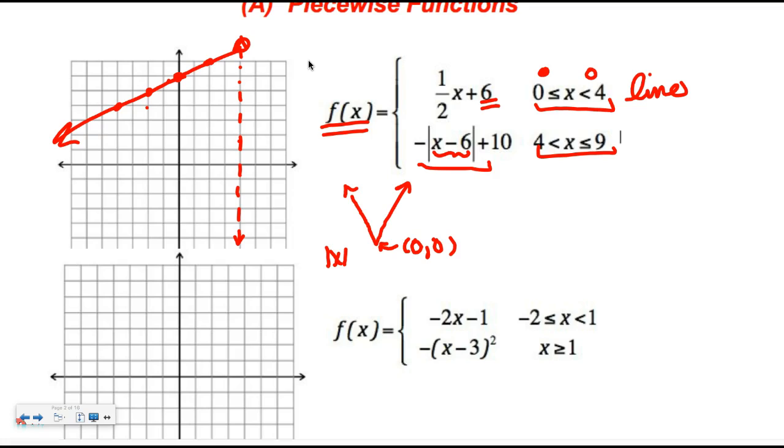Remember, it's the opposite of what you would think it is. So the vertex is at 6, and then 10. You did a ton of that in Algebra 2 with the graphing of those. So it's got a vertex at 6, 10, correct? And it opens upside down because of the negative in front of it. So it's going to be an upside down V. And its vertex will be at 6, 10.